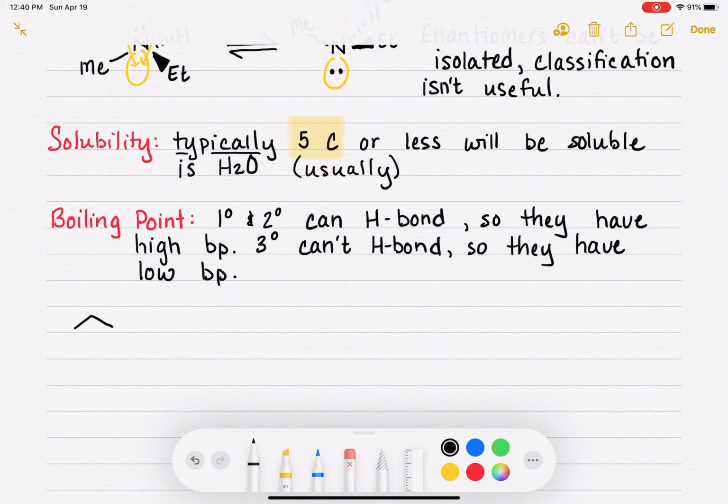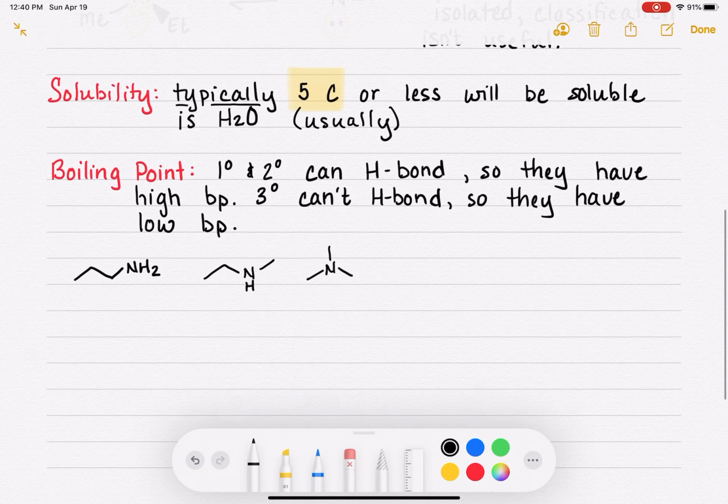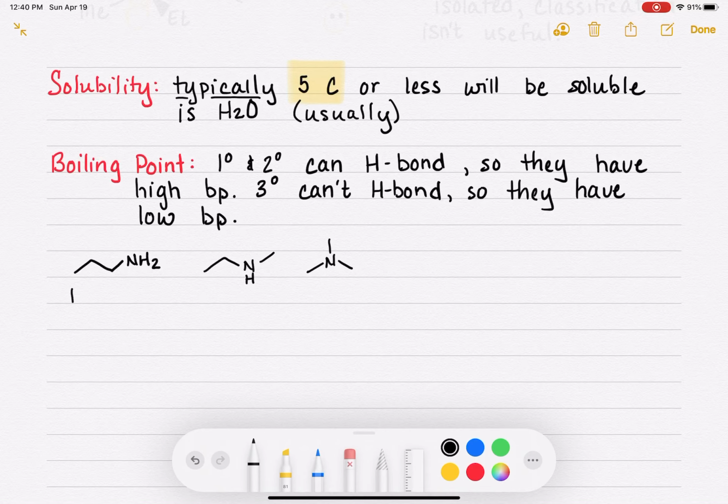Remember, when we're comparing boiling points, what predicts boiling points in part is the intermolecular forces, and then also in part is the mass of the molecule overall. So the heavier the molecule is, the higher its boiling point will be. So when we're doing a comparison, it's useful to compare amines that have the same molecular weight. So we know that weight is not a variable here. And then we can just look at the boiling points.